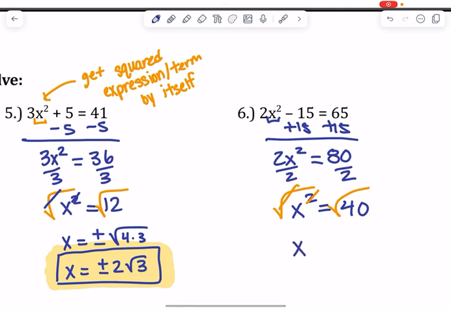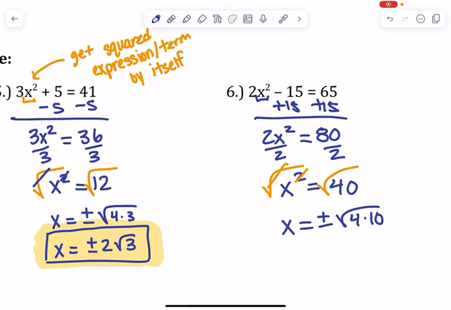Leaves you with just x equaling positive or negative, whatever the square root of 40 is simplified. So the square root of 40 is going to be 4 times 10. Square root of 4 is just 2. So x equals positive and negative 2 root 10.